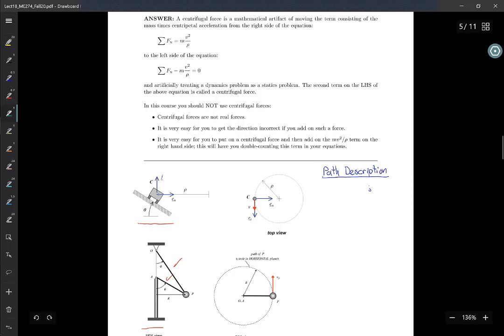And in the same way, if I draw here, actually in this case, I'm going to try to draw the path that this is following. So it's a circle like that.